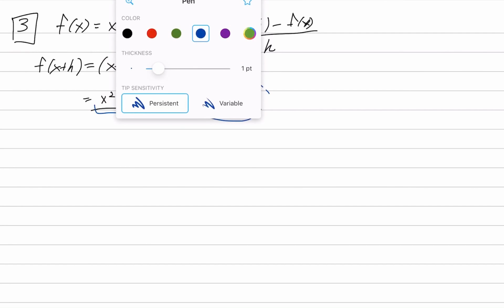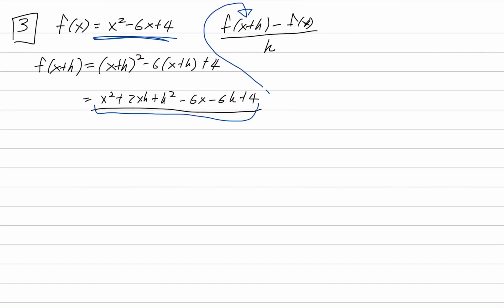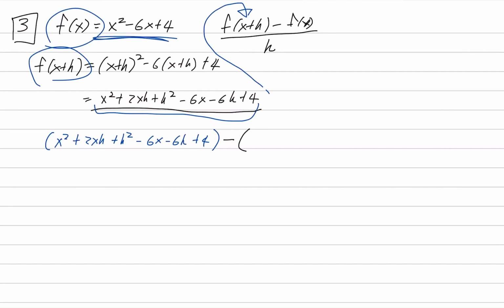So let's rewrite everything. Well, f of x is already written here, right? So we already have f of x, and we already have f of x plus h. So let's combine all those together. So we have x squared plus 2xh plus h squared minus 6x minus 6h plus 4 minus f of x. So make sure to keep parentheses because we need to distribute a negative sign. Entire thing over h.